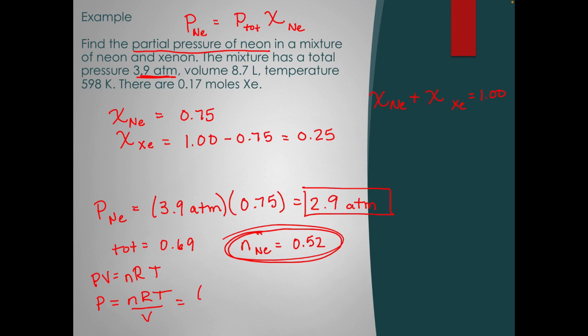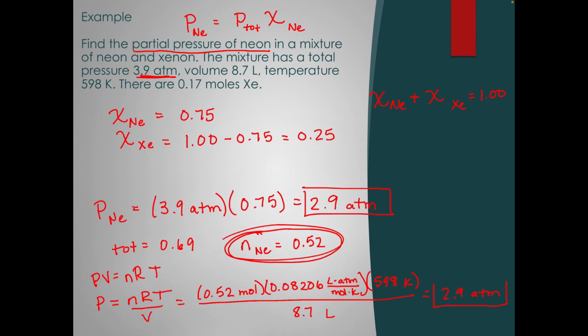So we would plug in our 0.52 moles, times 0.08206 liters atmospheres over moles Kelvin, times our temperature. Our temperature is going to be the same, no matter if we are talking about partial pressures or total. And then again, our volume is also going to be the same. Nothing changes there. They're all in the same volume because our gas particles themselves are not taking up any space. So then if we multiply and divide all that out, we will get 2.9 atm.